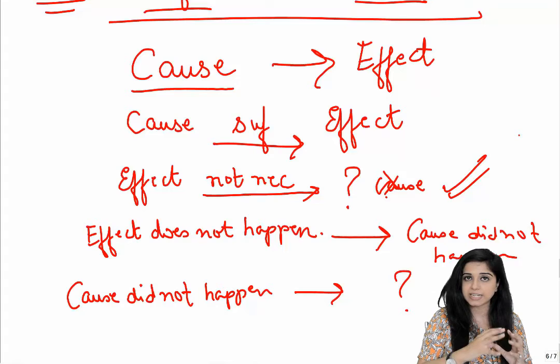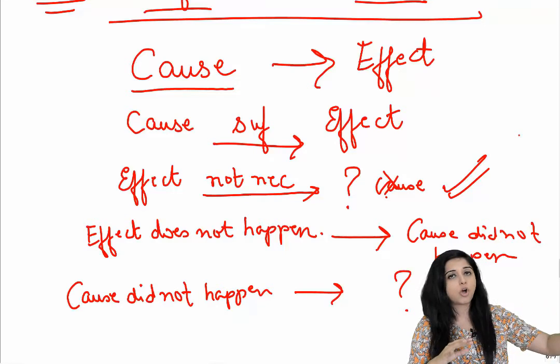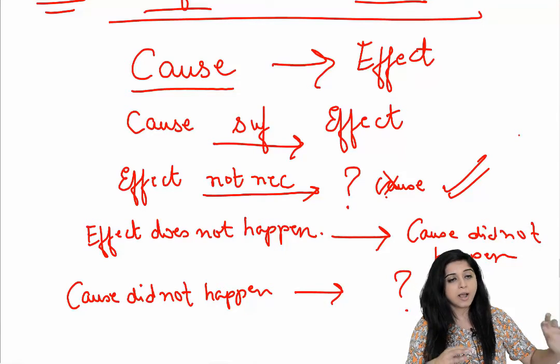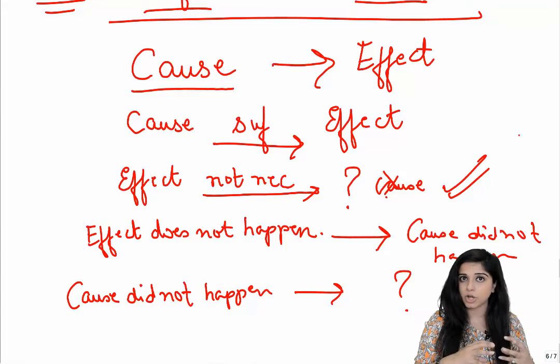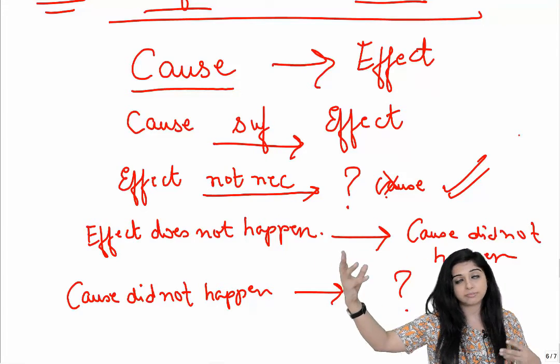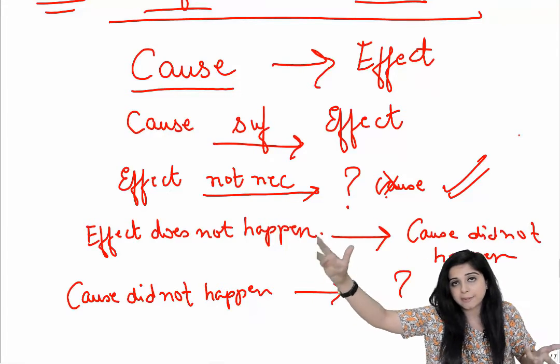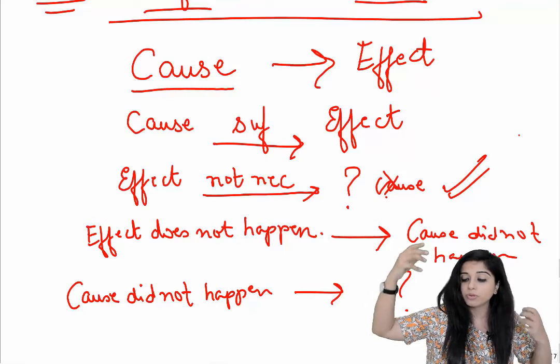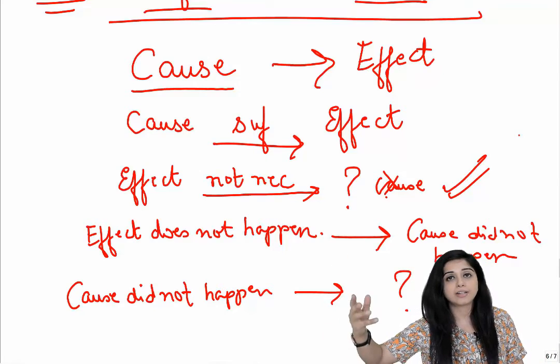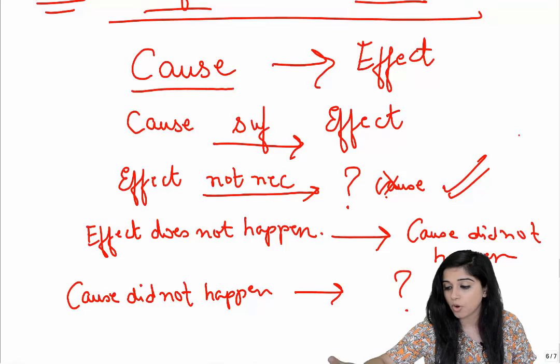But if the effect hasn't happened, then definitely the cause hasn't taken place, right? But if the cause does not happen, we know that the effect takes place irrespective, it is independent. Therefore, we won't be able to say that the effect has happened or not.